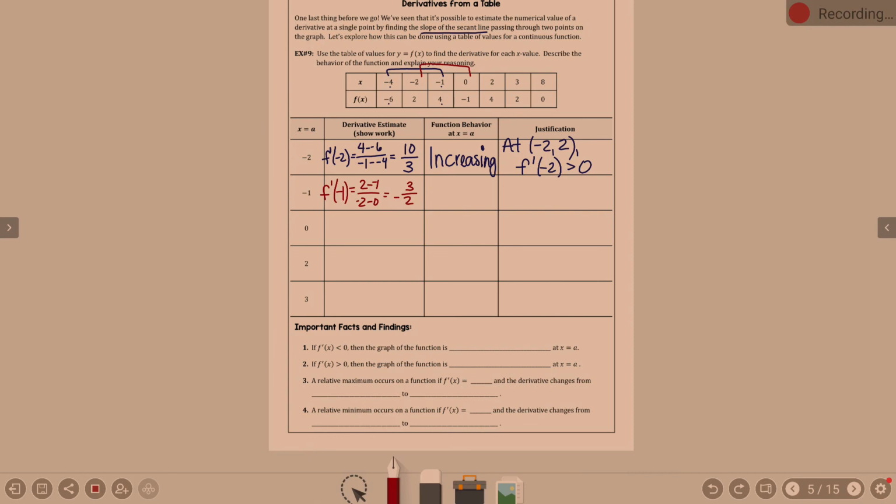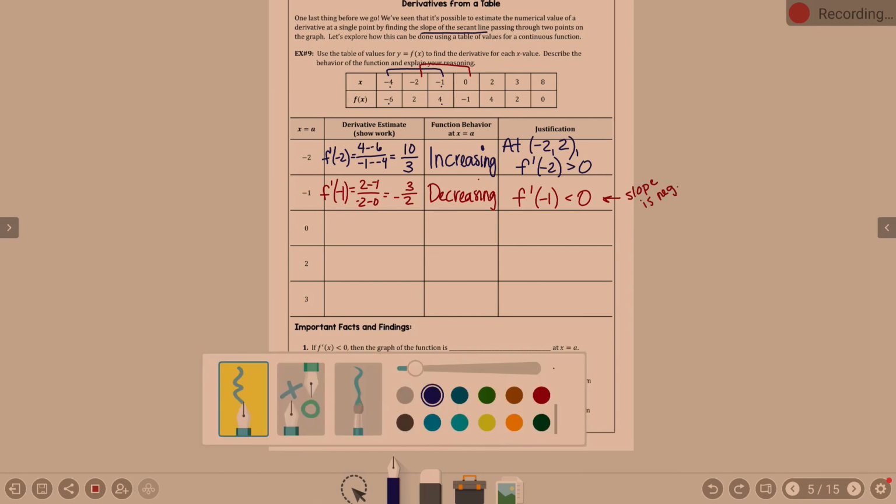So a negative slope means my function is decreasing. And justification, how do we know it's decreasing? That is because the slope at negative 1 is negative, less than 0. So right here, I'm saying slope is negative. On the last one, I was basically saying slope is positive.